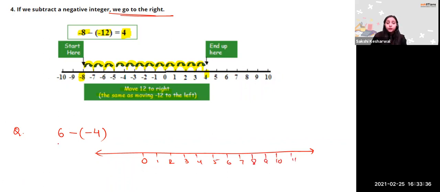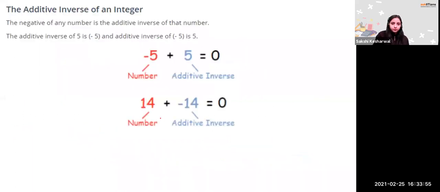Now you start at 6, right? You are subtracting a negative integer, so you move right, not left. You move 1 step, 2 steps, 3 steps, and then 4 steps. So your answer is equal to 10, right?